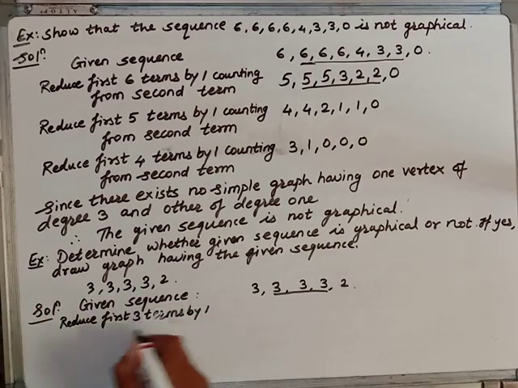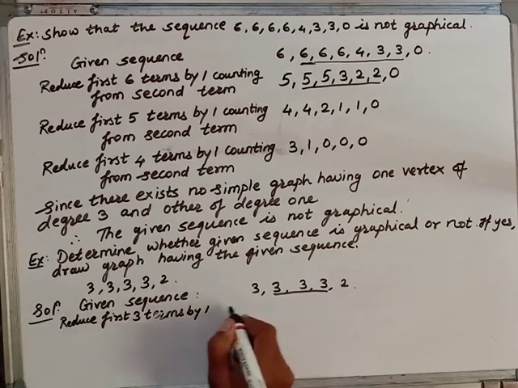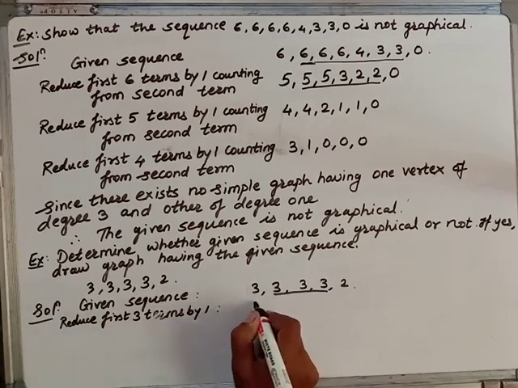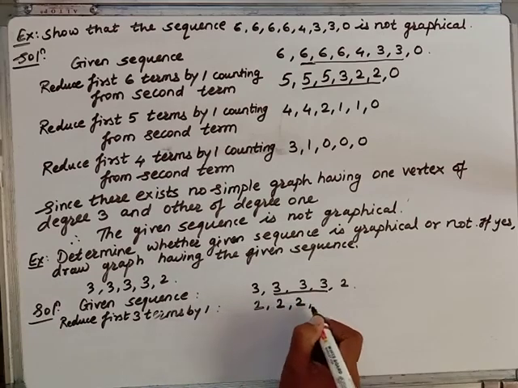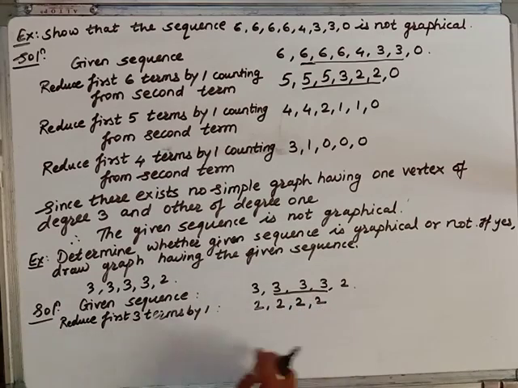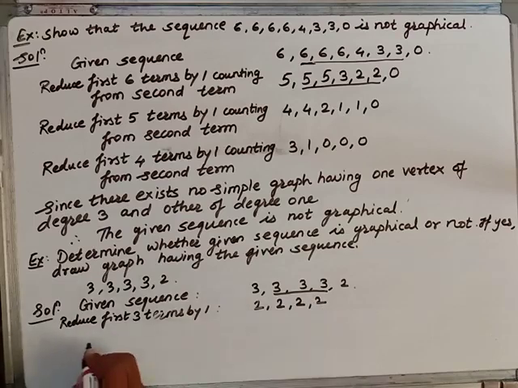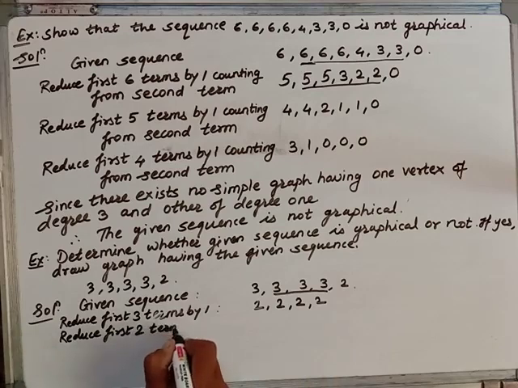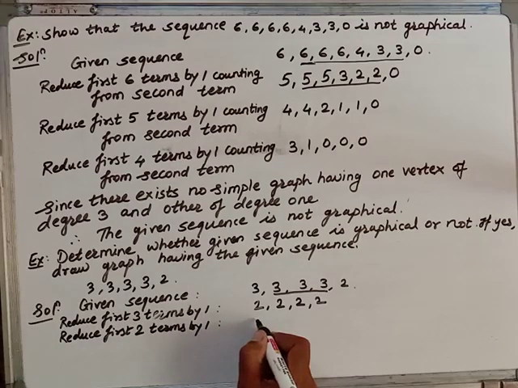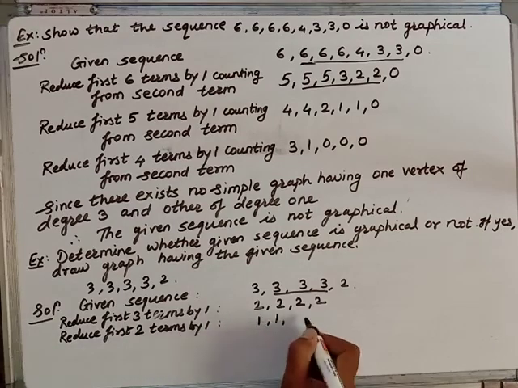So it will be 2, 2, 2 and this 2 as it is. Now this is in non-increasing order. Now again reduce the first 2 terms by 1. So it will be 1, 1 and 2.